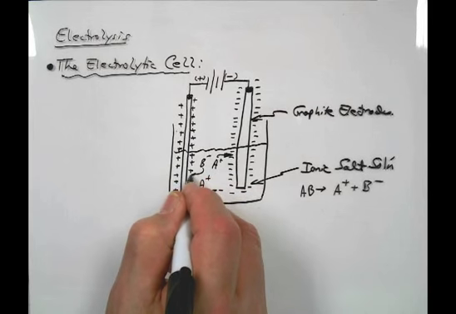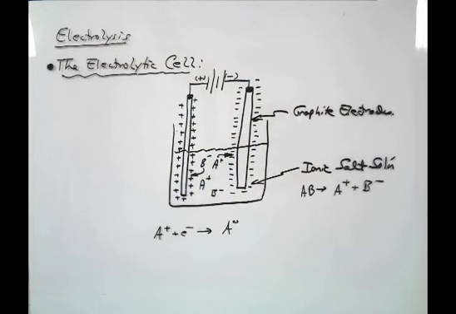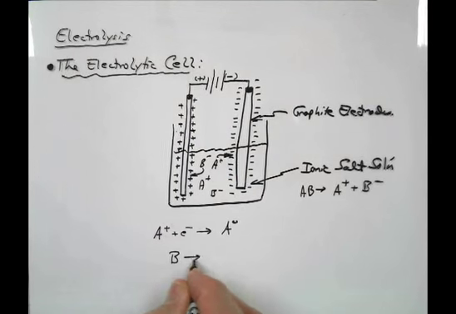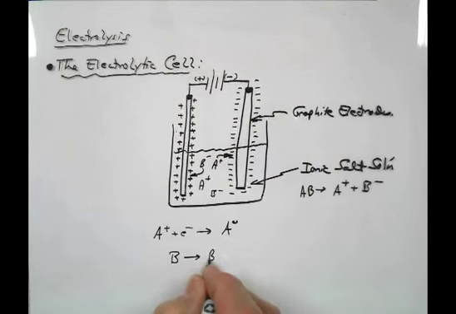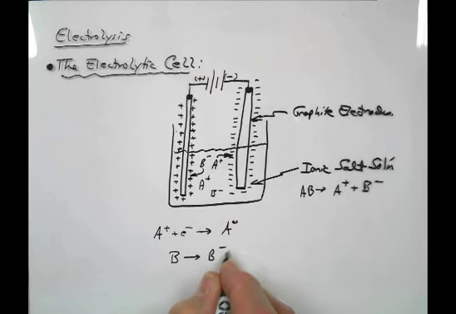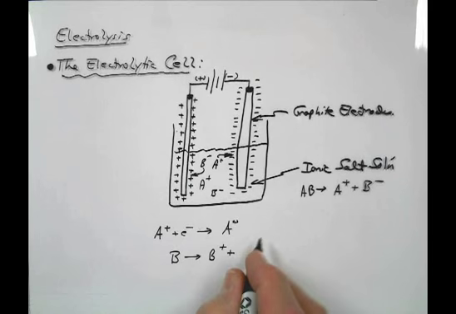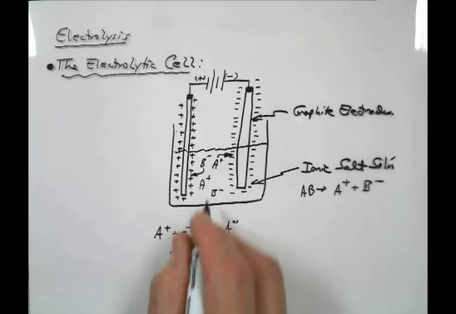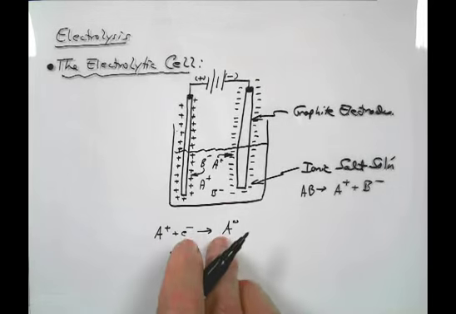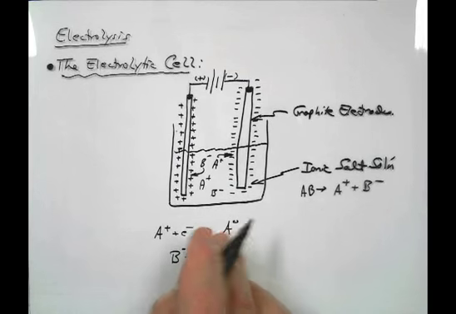B minus then migrates over here and delivers its extra electron into that electrode and undergoes oxidation. So B minus would deliver its electron and become B0.